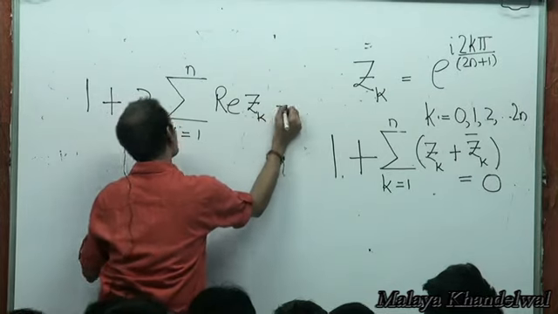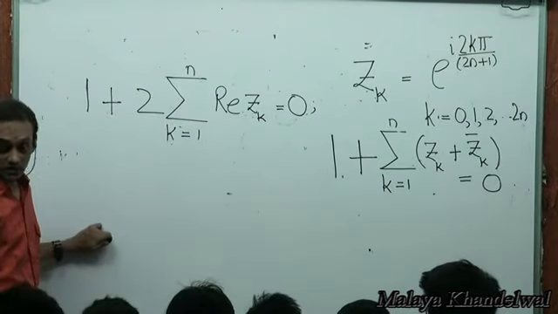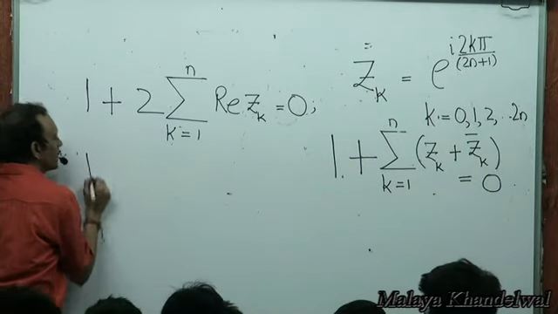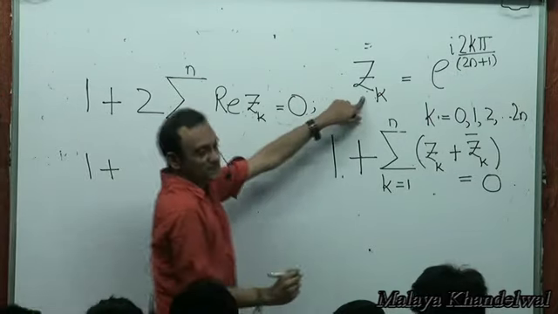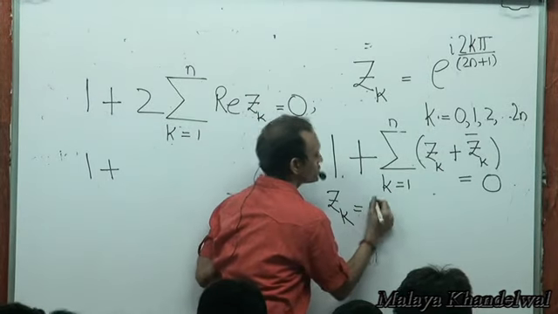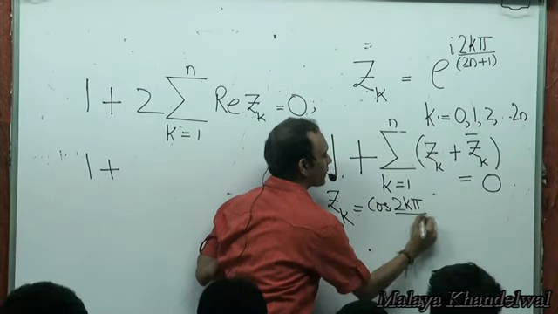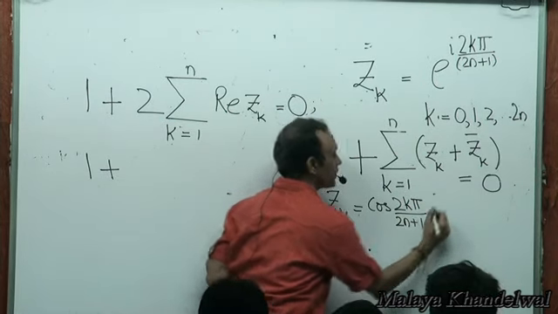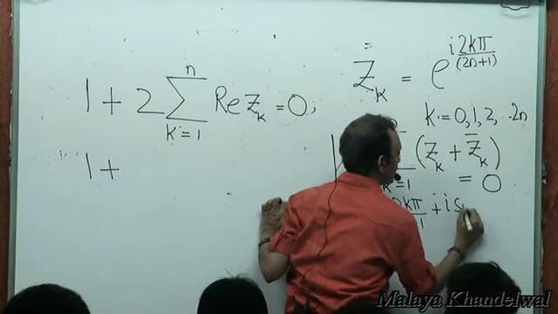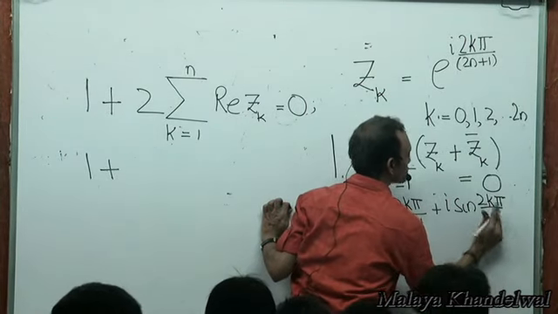equal to 0. This brings us to a very important result in trigonometry. That's the reason I'm spending so much time on this. So this gives me 1 plus, now what is zk? Cos 2k pi by 2n plus 1 plus i sine 2k pi by 2n plus 1, right?